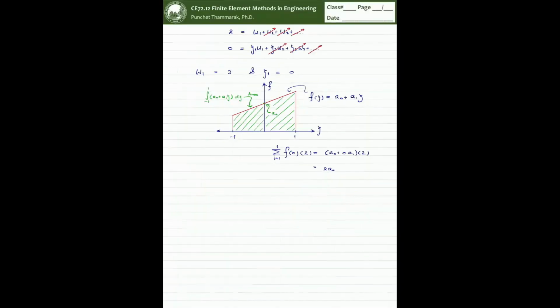Okay, so I just showed you that it works. So it is much faster than carrying out the integration.